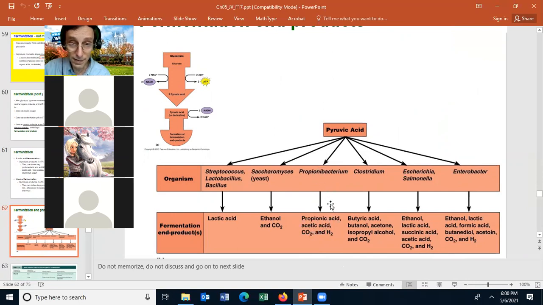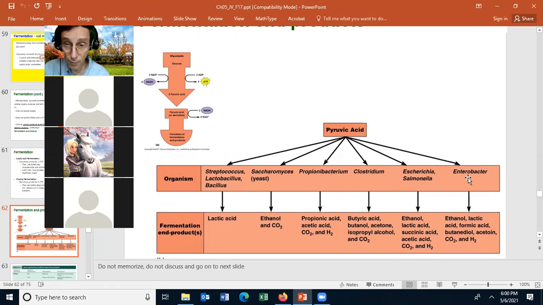It's a different fermentation reaction than all the other cheeses which use lactic acid fermentation. There are different fermentation reactions which can be used by industry to make different products like acetone and isopropyl alcohol, lactic acid, succinic acid, acetic acid.